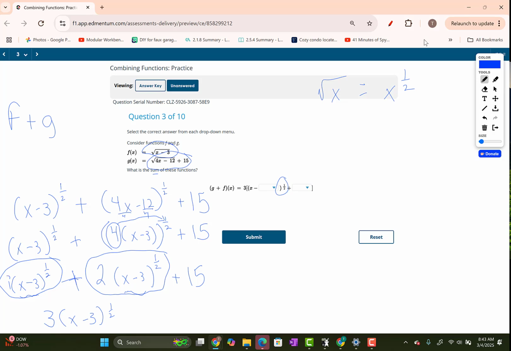All we did was add the coefficients out in front, and we can't really do anything with that 15, so we'll just tack it on there at the end, and let's hope that is an option. Yeah, x minus 3 goes on the inside, plus 15 goes on the outside.